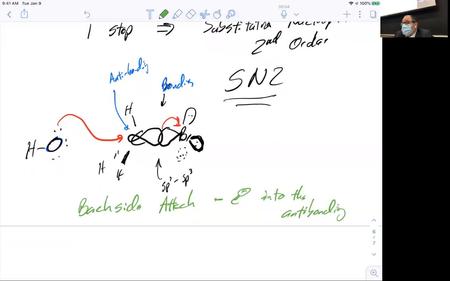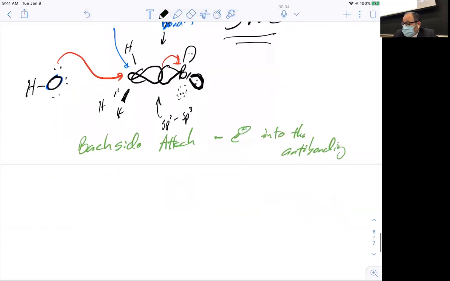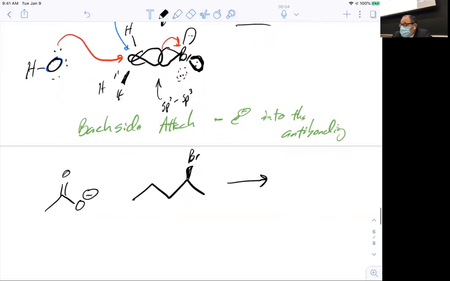That sets up a few specific things for SN2 reactions. One of those is that if I have, let's say, a nucleophile like this, reacting with a stereospecific substrate, what's going to happen is my product, I'm going to get inversion.